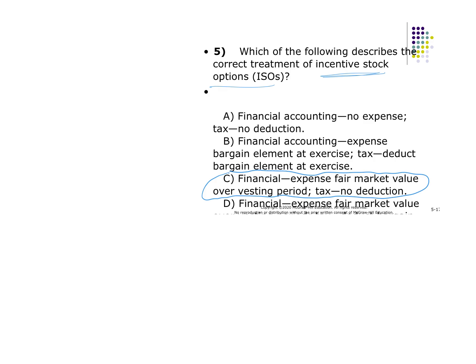All right, and they create an unfavorable permanent book tax difference. Okay, and that's incentive stock options. Remember, we just talked about non-qualified stock options in our 2 examples. This is incentive stock options.